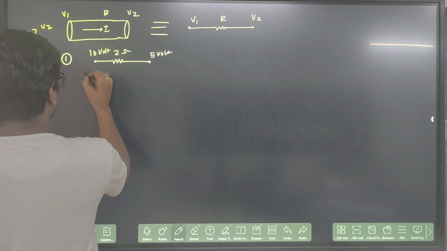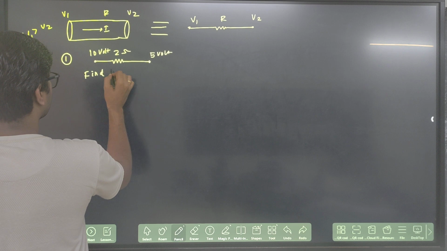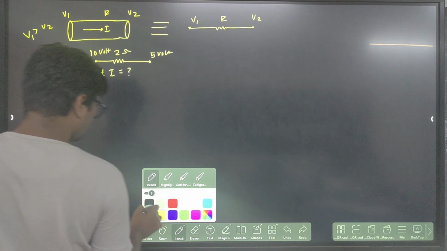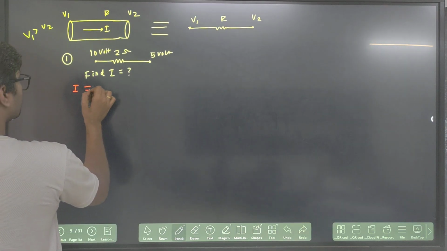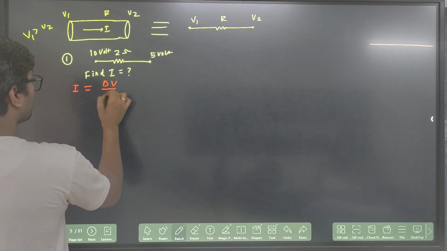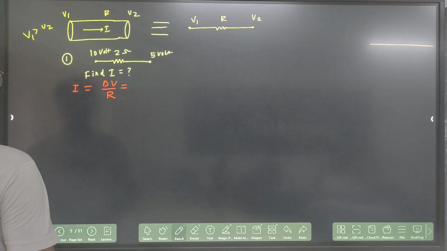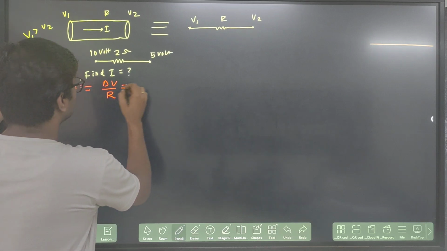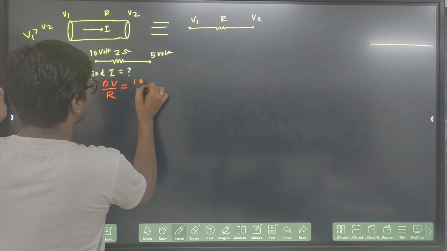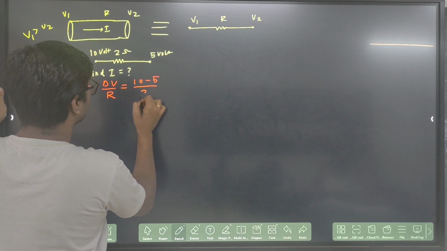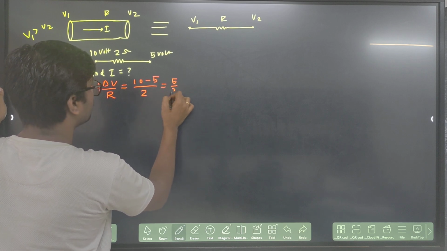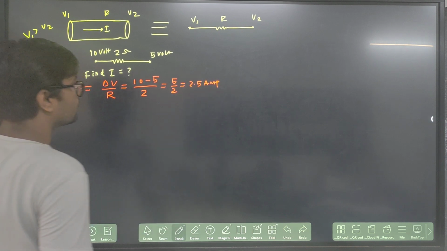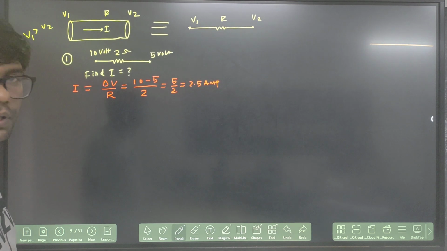So I equal to delta V by R. This relation you know, V equal to IR or I equal to delta V by R. So delta V is 10 minus 5, divided by 2, which is 5 by 2, that is 2.5 ampere.